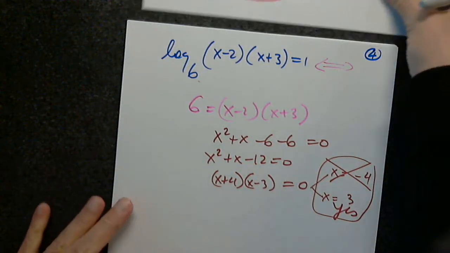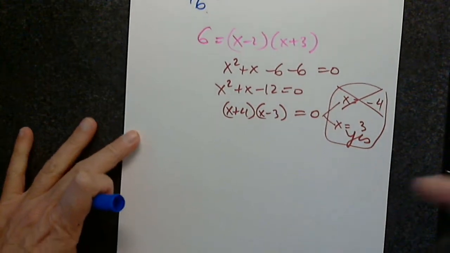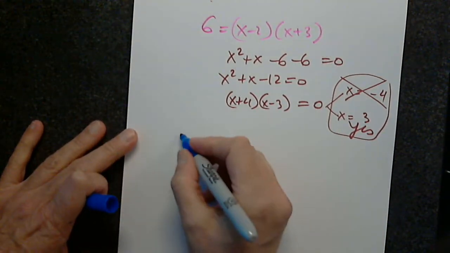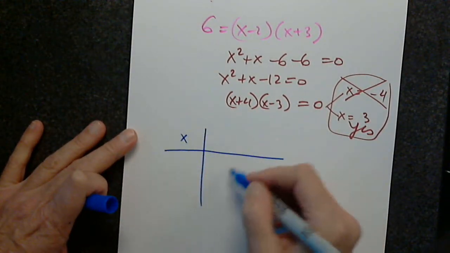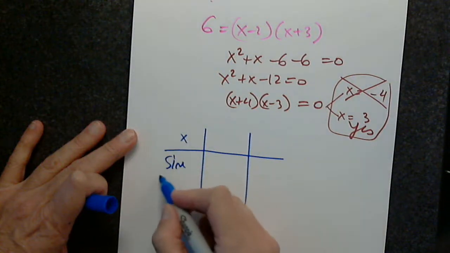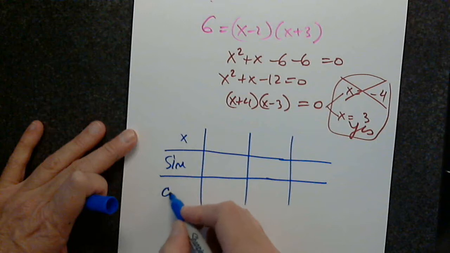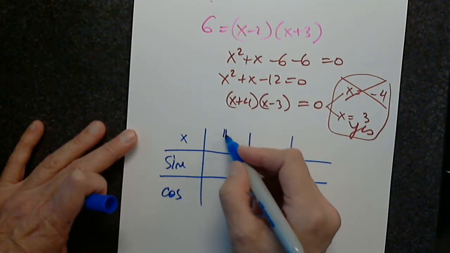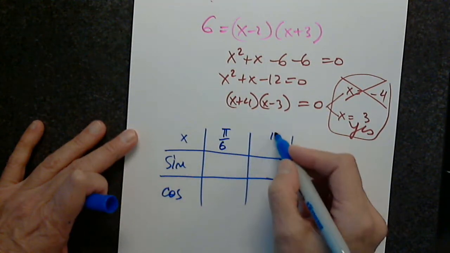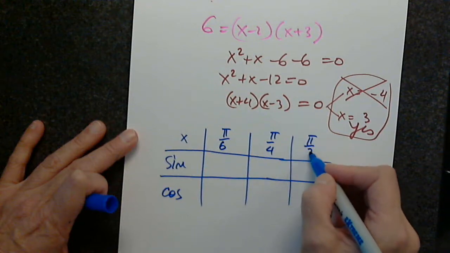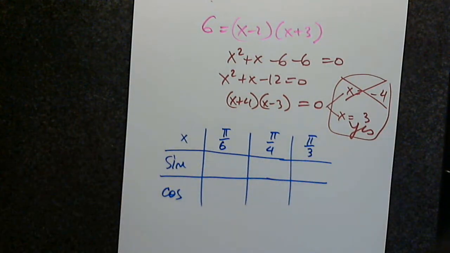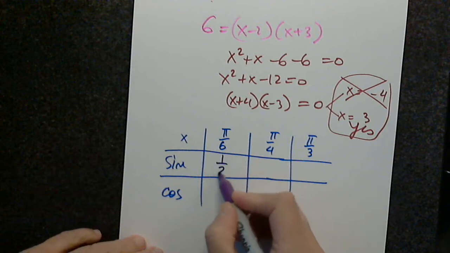Find the exact value. Okay, for that, I just want to refresh your memory on this. Sine pi over 6 is 1/2.